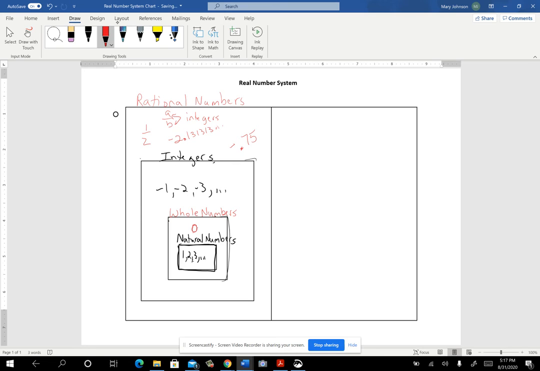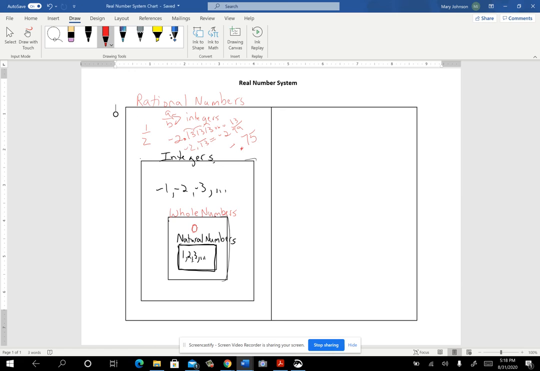If I have a block of digits being repeated like that, we could write it -2.13 with a bar over it, and it would equal -2 and 13 over 99. And there'd be a way to write that as an improper fraction. So I just want you to know, if you've got a decimal that keeps going, but it repeats a block of digits like this one did, then it's actually on the rational number side.